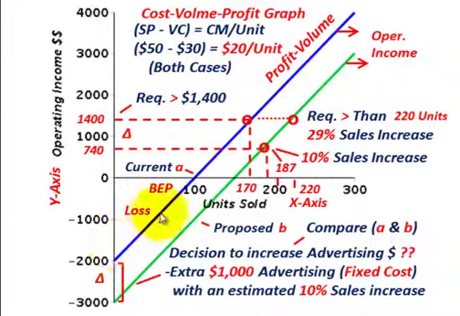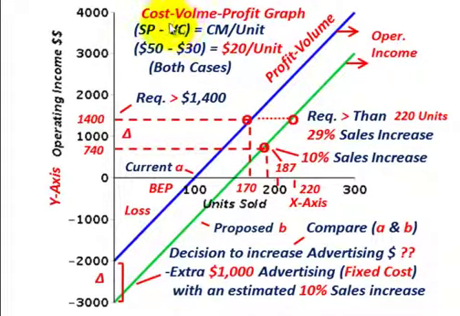Okay, so we're going to look at how we set up our lines. Our blue line I'm showing as our current operation, and the green line is what we propose. For our blue line, our current operation, what do we gain in operating income for every unit that we sell?